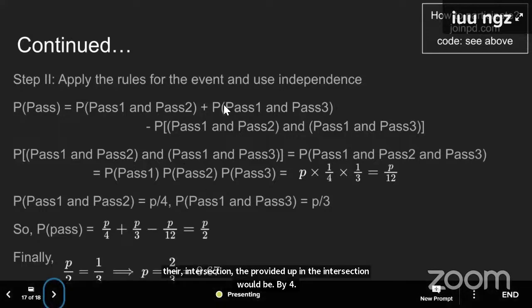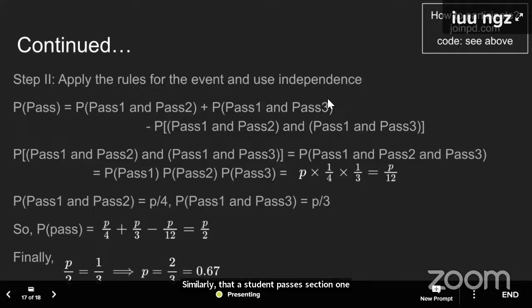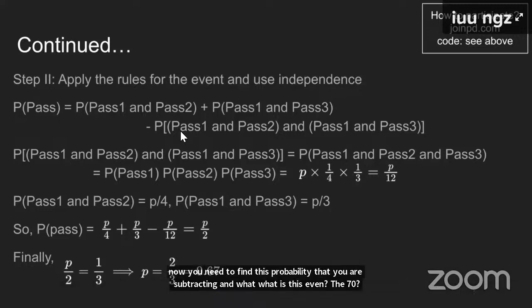Similarly, probability that a student passes section 1 and section 3 would be P by 3. So that is done. But now you need to find this probability that you are subtracting. And what is this event? This event is probability of A and B, right?